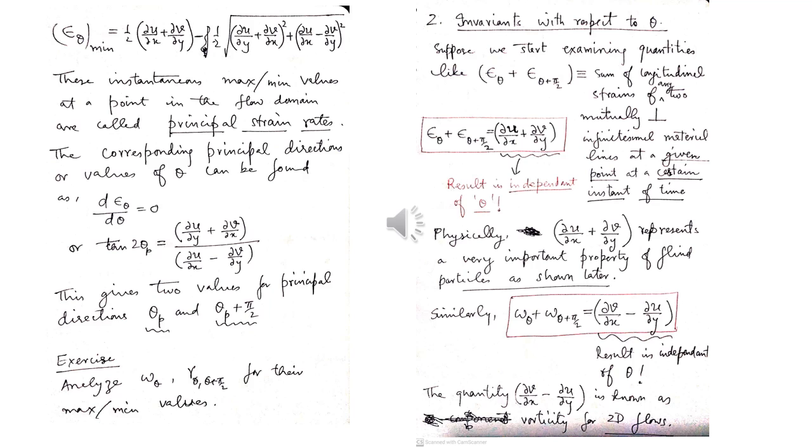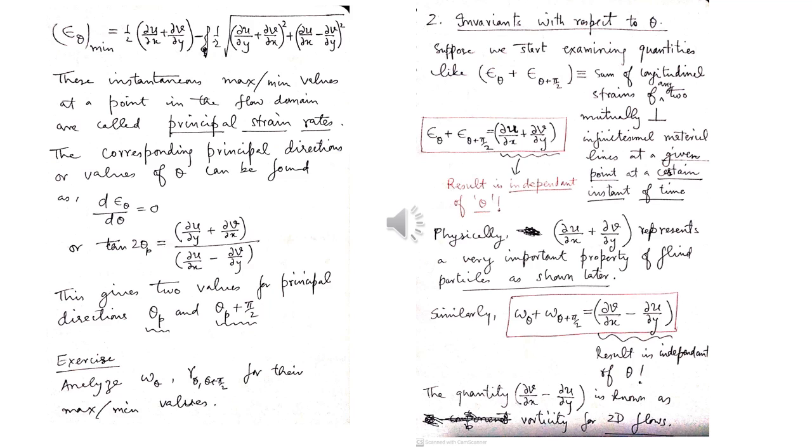Now we will discuss another invariant, and this time we will use the instantaneous rotation rate, omega theta. So omega theta plus pi by 2 comes out as del v del x minus del u del y. Again we observe that the result is independent of theta.